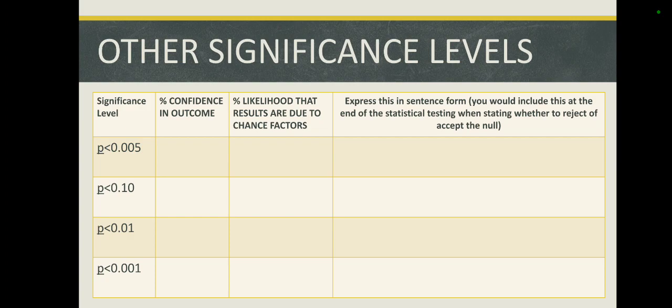If we look at the bottom one, it's even more stringent. So on that occasion, we have got 99.9% confidence in our outcome, and we are only willing to accept, therefore, 0.1% risk of chance factors. So that top and bottom are way more stringent, and they would usually be used in the health field.